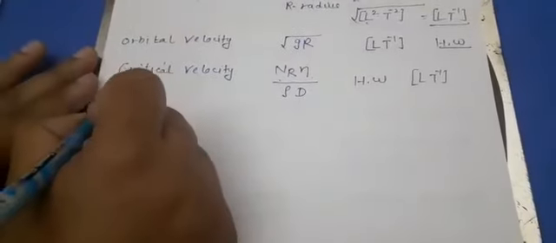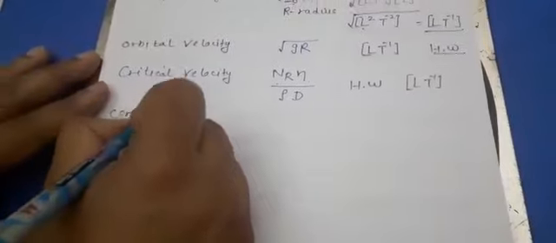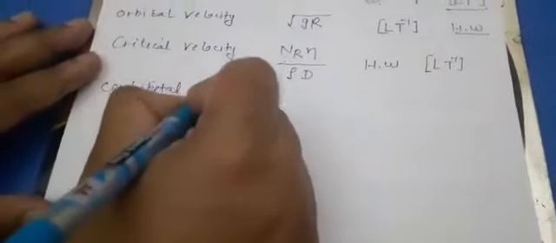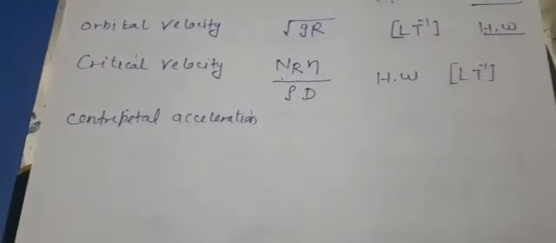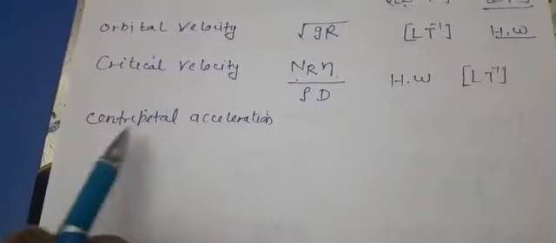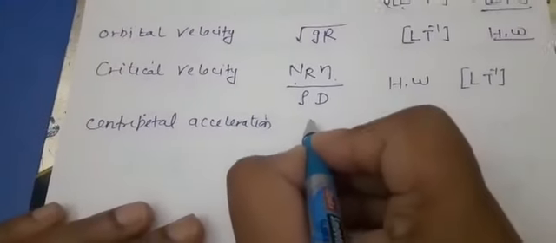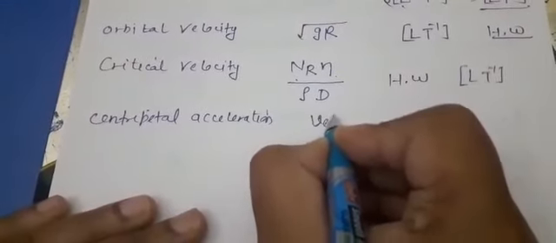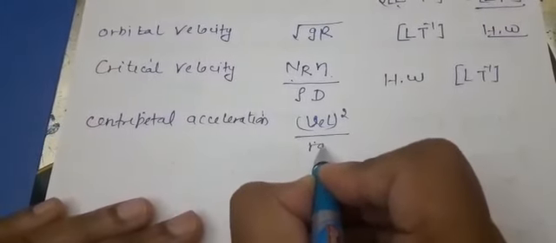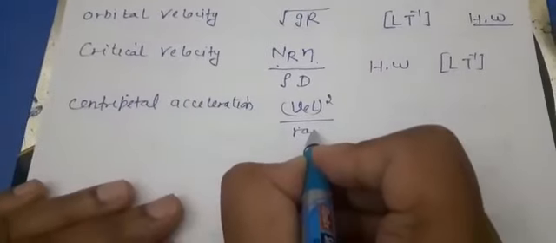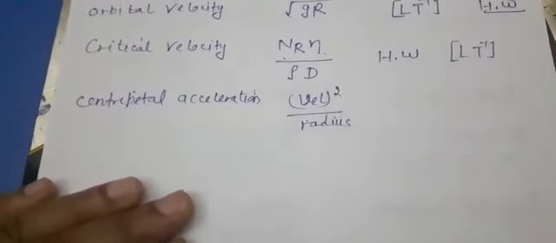Now, centripetal acceleration. This concept is used when a body is moving in a circular path. Then we are discussing the concept of centripetal force or centripetal acceleration. So first of all, we are taking centripetal acceleration. This has the physical formula velocity square upon radius, you can say v square by r, where r is the radius of the circle.